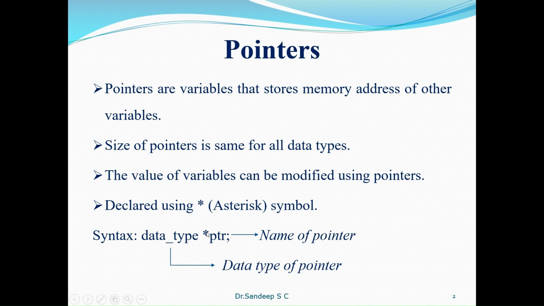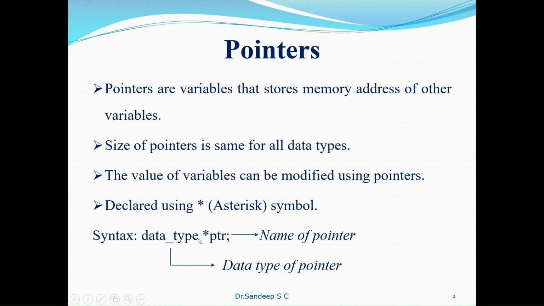If I don't give this asterisk symbol, then it becomes a normal variable which stores a value, whereas when we give the asterisk, then it is a pointer. That means now it will store the address of another variable, or the memory location. So that becomes the name of the pointer. So we have the data type of the pointer and the name of the pointer.